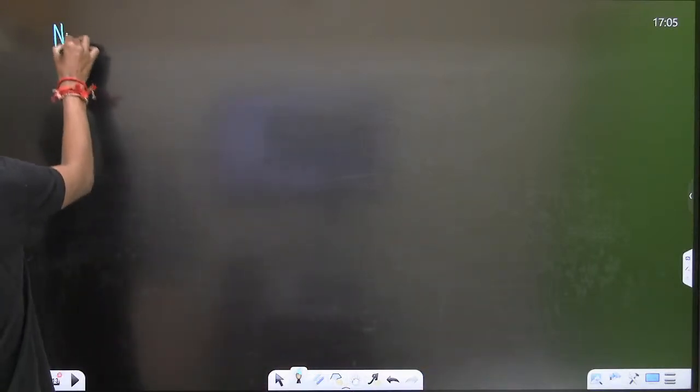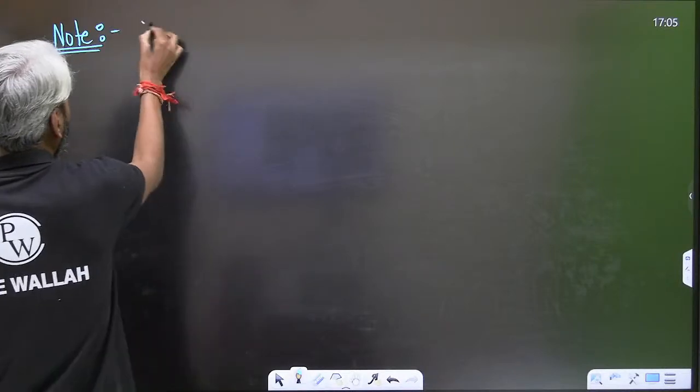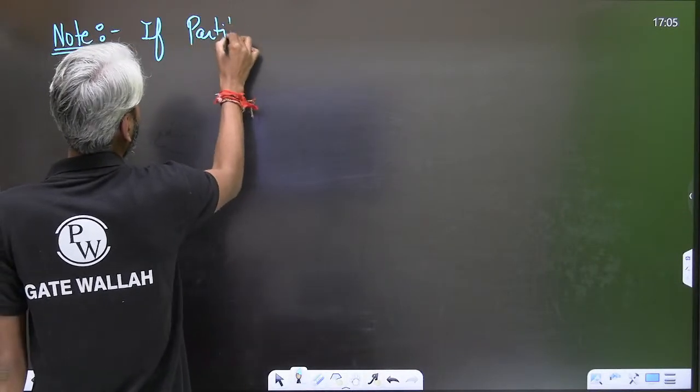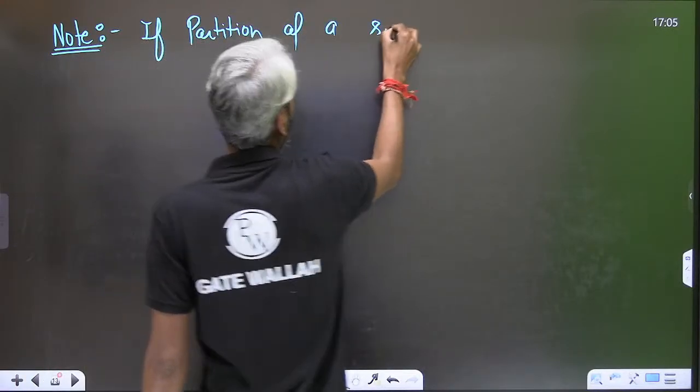Write down the note. So if we know the equivalence relation, we can create the partition. But what if the partition of a set is given?